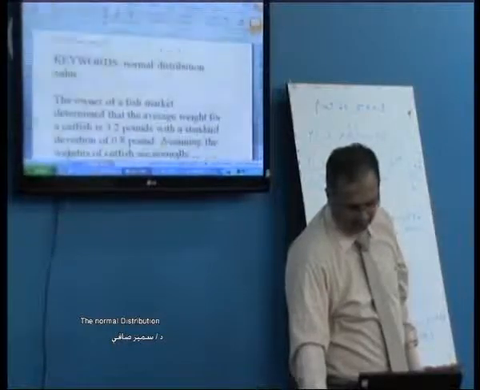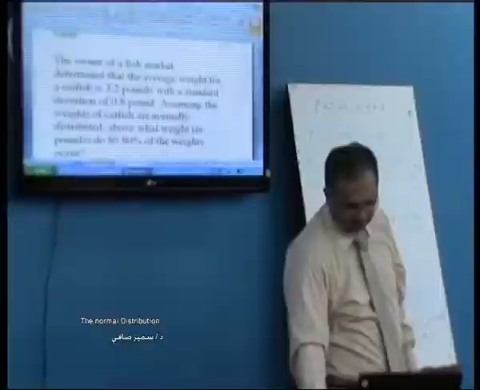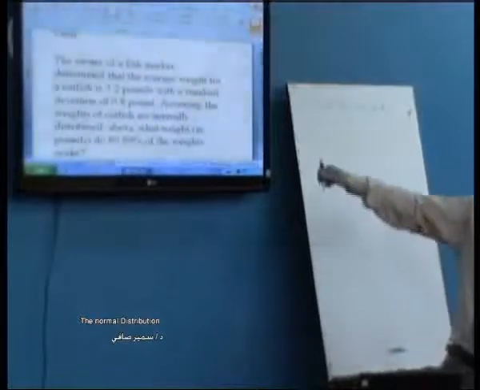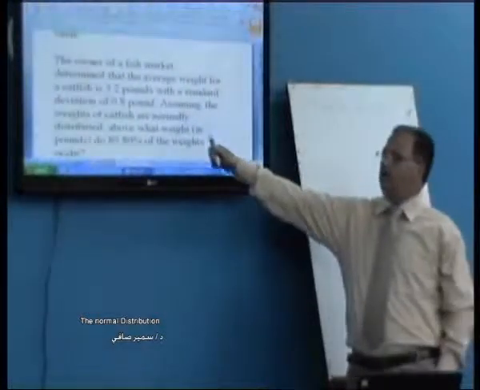Let's move to the next one. For the same question, again, the owner of the catfish market determined the average weight of a catfish at 3.2 with standard deviation 0.8, and we are assuming the weights of catfish are normally distributed.